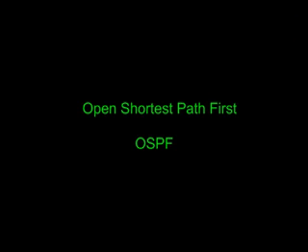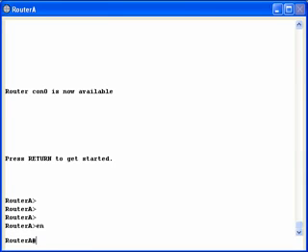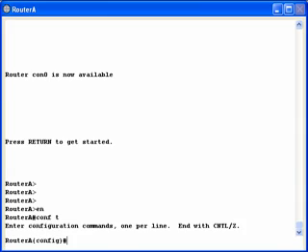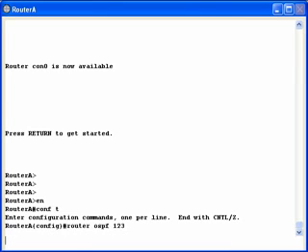OSPF protocol. OSPF is the most widely used protocol. Let's configure OSPF on router A and router B. Router A, privileged mode, global config mode. Router OSPF 123. Here 123 is the process ID.